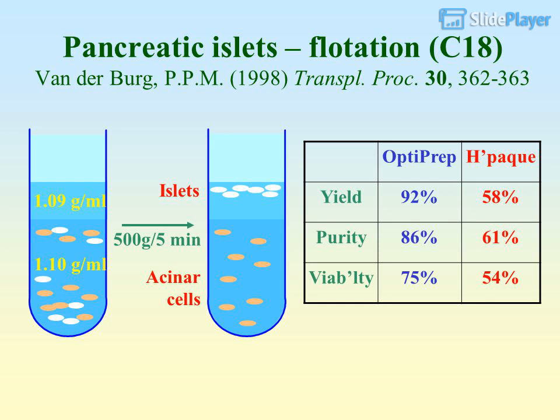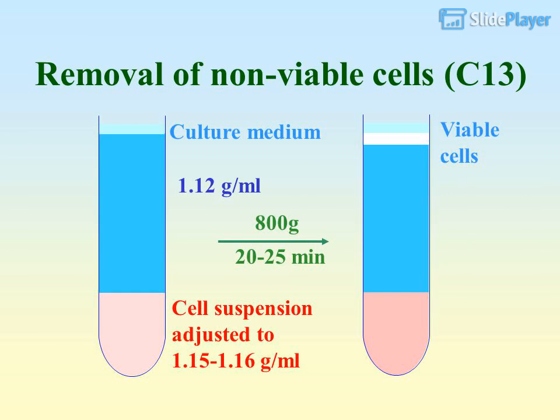In terms of all the important parameters, the OptiPrep method is much better than the traditional method using Histopaque. See table. Interestingly, if the g-force is reduced to 100 g, the yield, purity and viability all increase significantly, to approximately 95% in all cases.